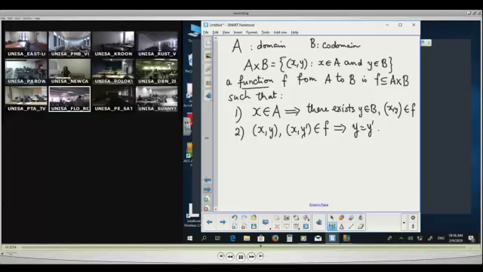So that I'm not excluding. But if I take an input, the output is produced as unique. That doesn't have any other option, right? That is what I'm trying to force. So that's the notion of a function.